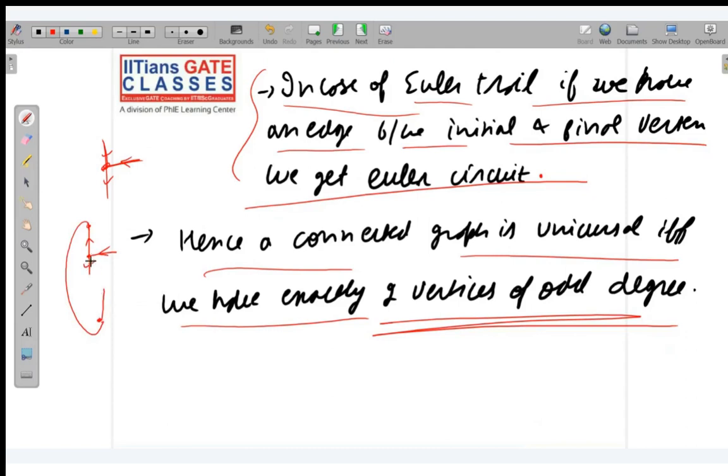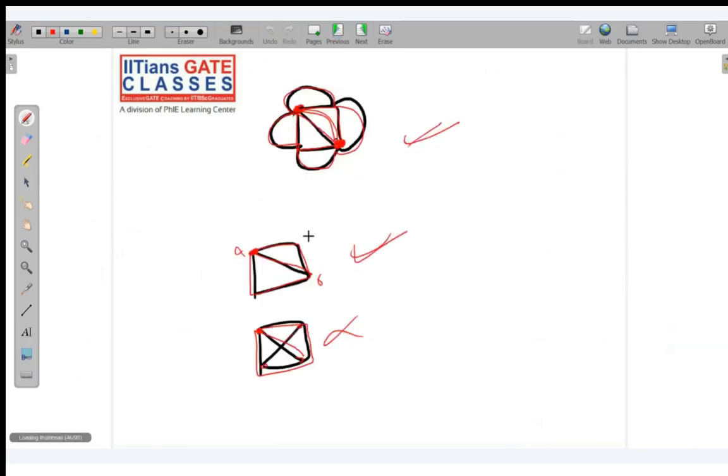Directly what I want to say, no need to go into more complex things, is that in a unicursal graph we will have exactly two vertices of odd degree, and you have to start from these odd degree vertices only. So for example, see this A, B, C and D. You have to start from A or you have to start from C. If you start from B, then you won't be able to find a cycle.